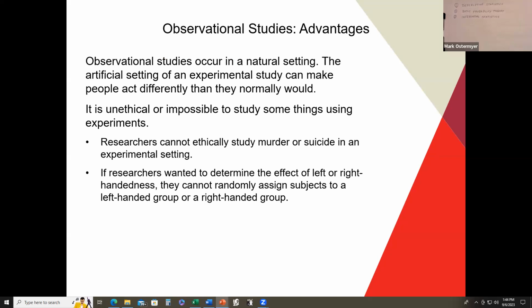All right. Again, observational studies are nice. Like if you're going to observe, let's say, the offspring of a great white shark, you'd want to go out where the great white sharks live naturally and then observe their nature and maybe their breeding habits in the wild.